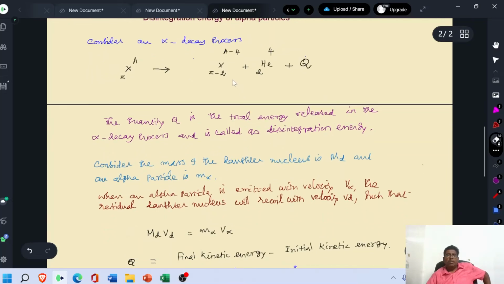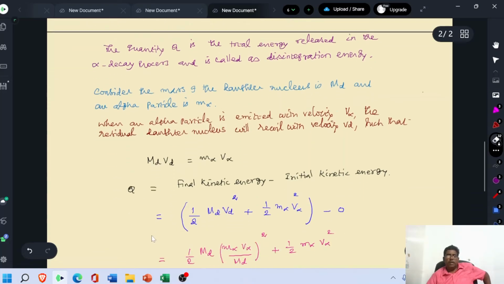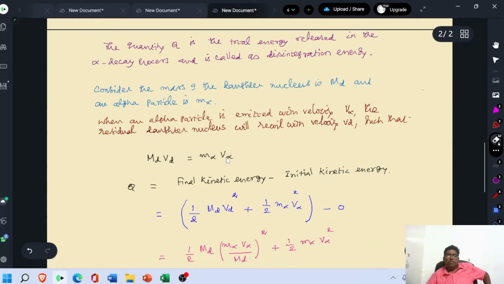Then the momentum of the alpha particle and the momentum of the daughter nucleus are almost equal in magnitude but opposite in direction. Therefore, we can write MD VD equal to M alpha V alpha. We know that Q is equal to final kinetic energy minus initial kinetic energy. The initial kinetic energy is 0 because the target is at rest.